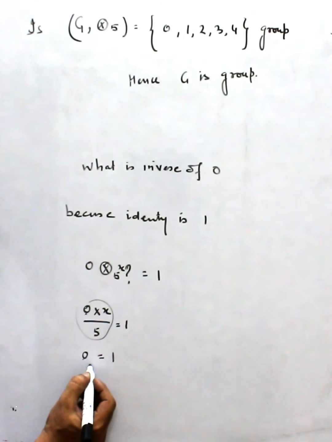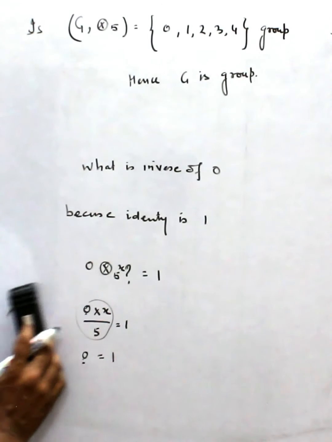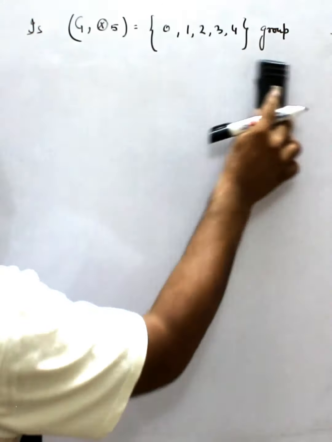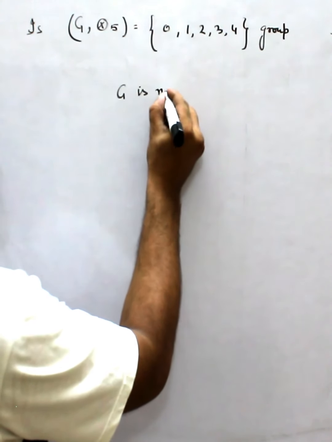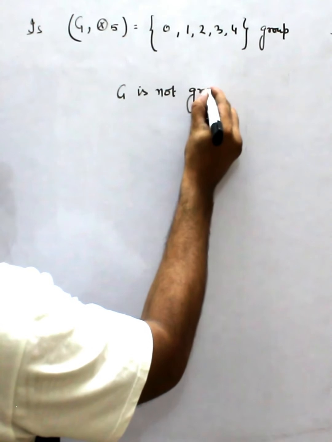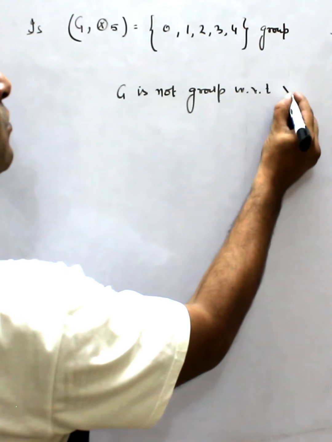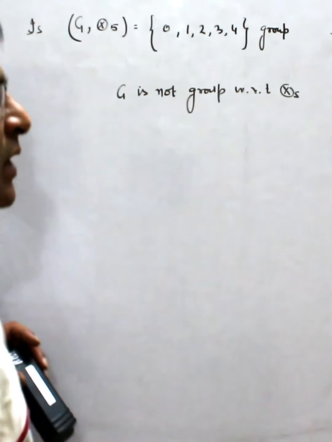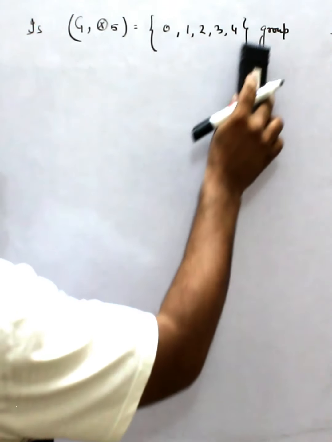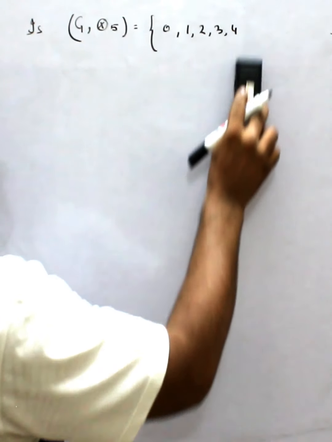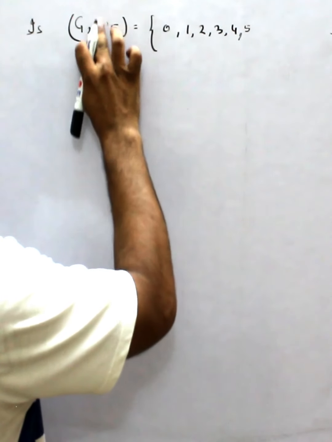That means the inverse of 0 is not defined. That means it is not a group. That means G is not a group with respect to multiplication modulo 5.